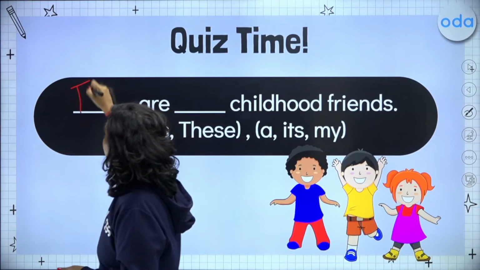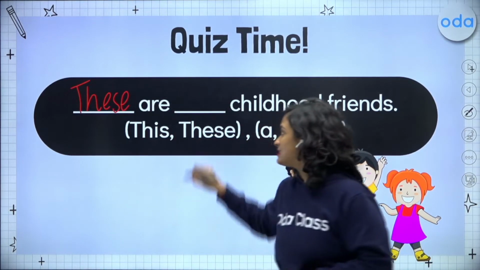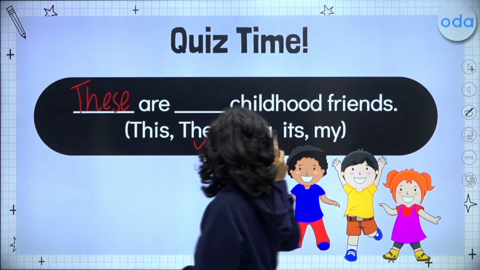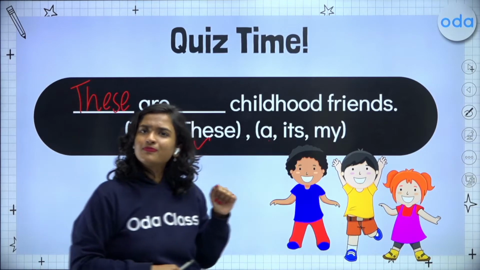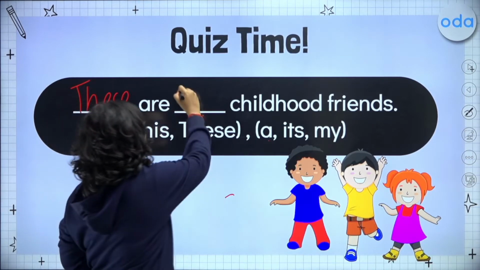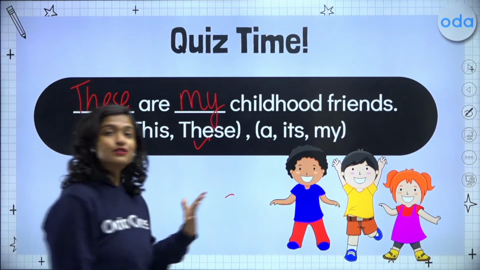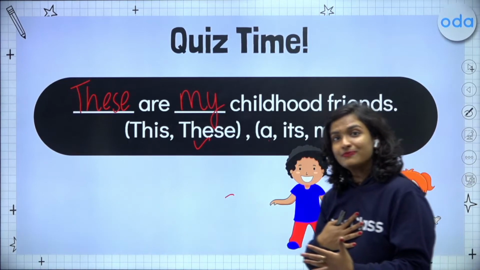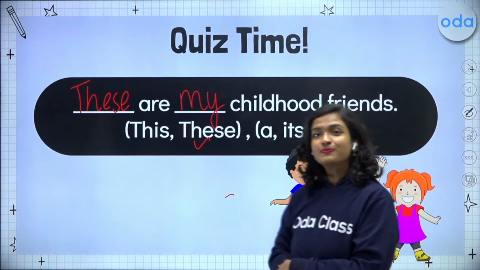So I will say these are, okay, so I use these over here. And what about the second blank, students? Should I use a, should I use its, or should I use my? Of course, students, I should be using my, right? These are my childhood friends. I am trying to show that these friends are mine, right? Which is why I'm going to be using my possessive my over here.